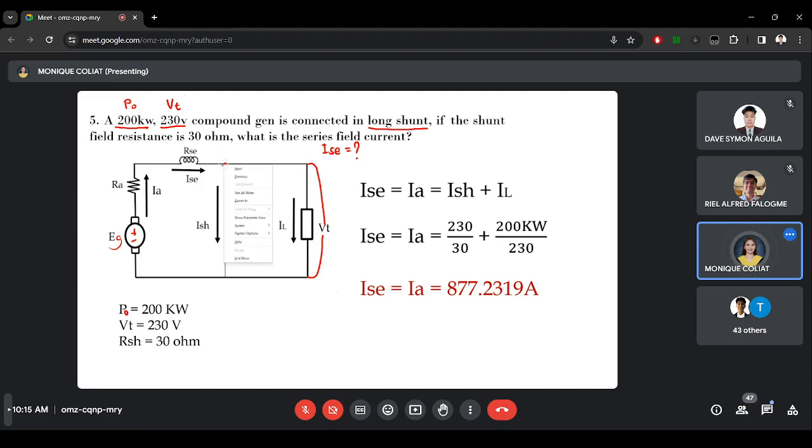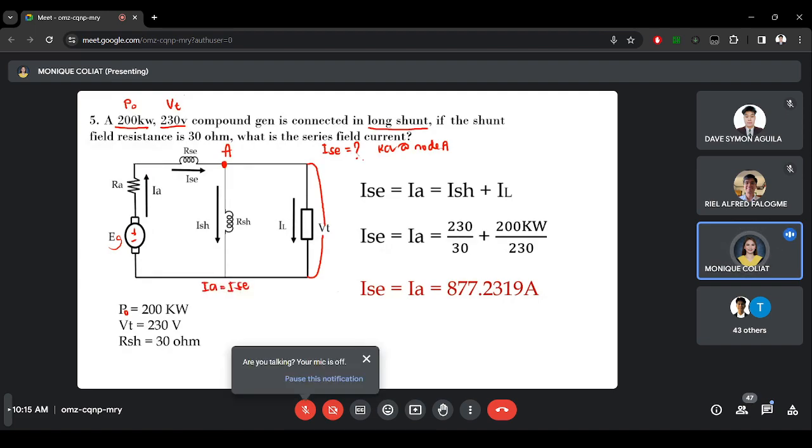If it is current, we will do a KCL, Kirchhoff's current law, at node A. So, IA is equal to ISE, right? Because they are in series.